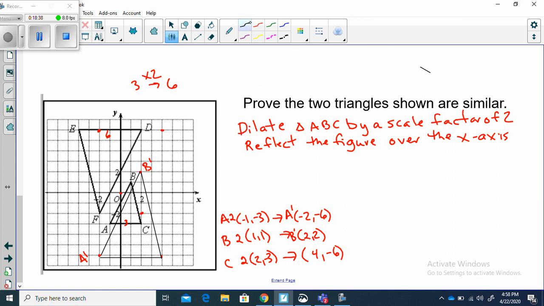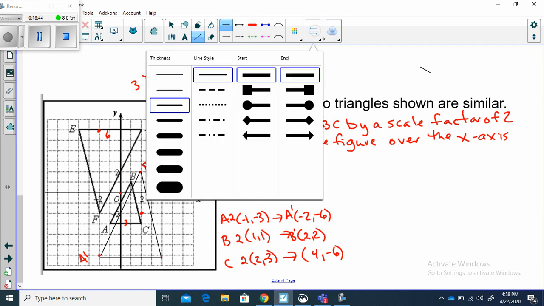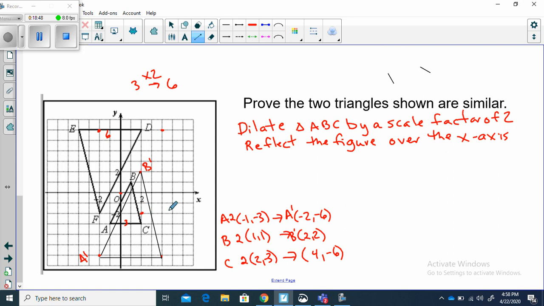Okay, so if we're dealing with that, let's draw our triangle so we can see where it is. I'm kind of sketching here so we can see what we're looking for. Am I in the right place?